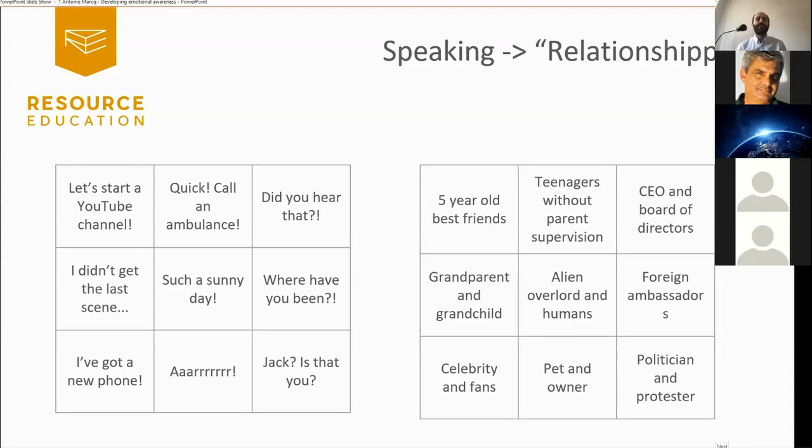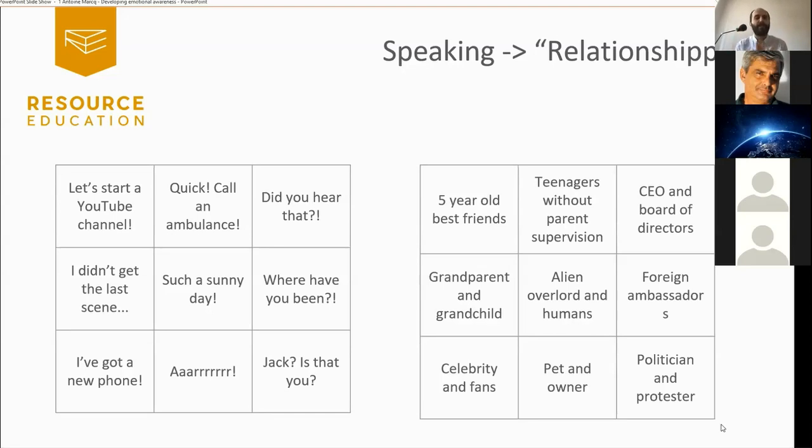Whatever the conversation starter is, I never leave them just with that. I will give them some relationship cards. The relationship cards are supposed to put students in different levels of formality, but also familiarity. So 5-year-old best friends, an alien overlord and humans, a pet and its owner, a politician and a protester, foreign ambassadors, etc. All these relationships, I call them relationshipping.